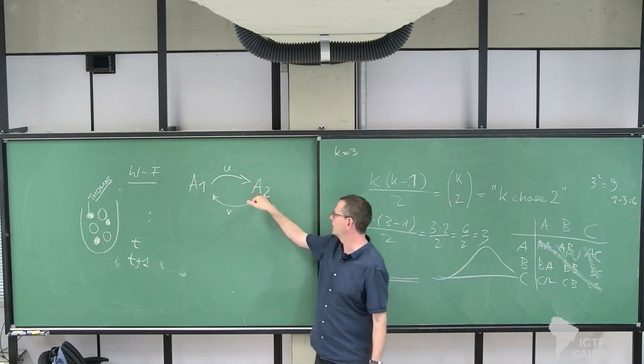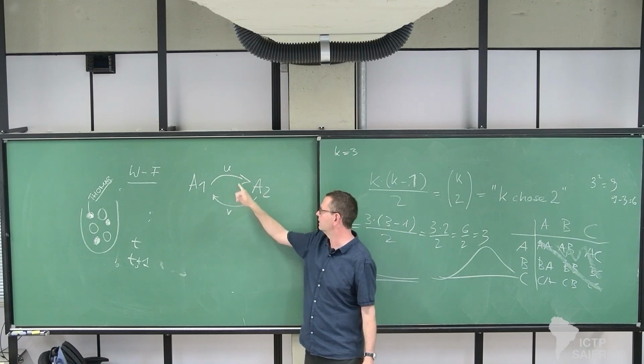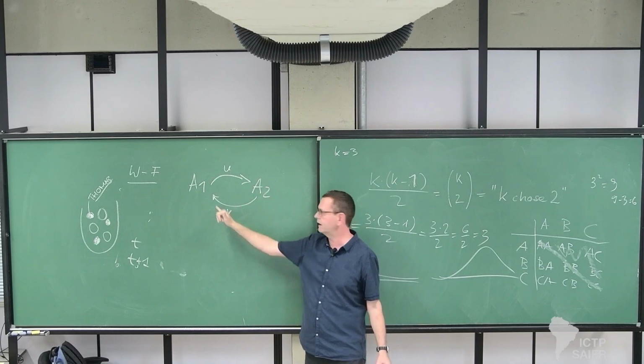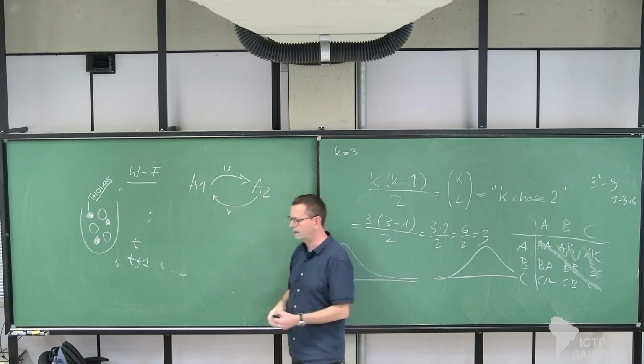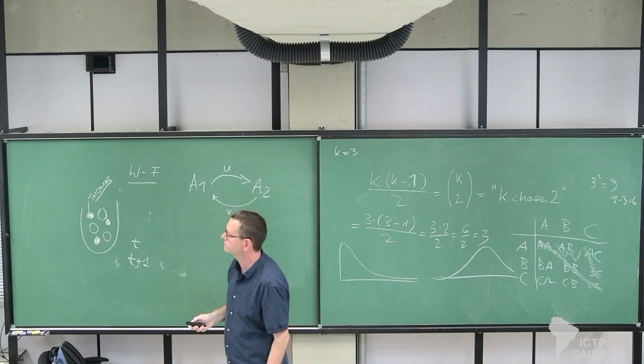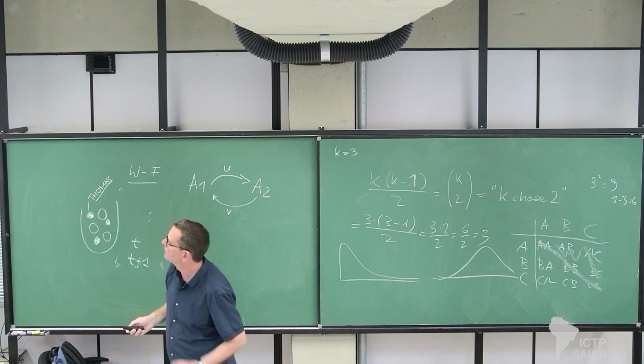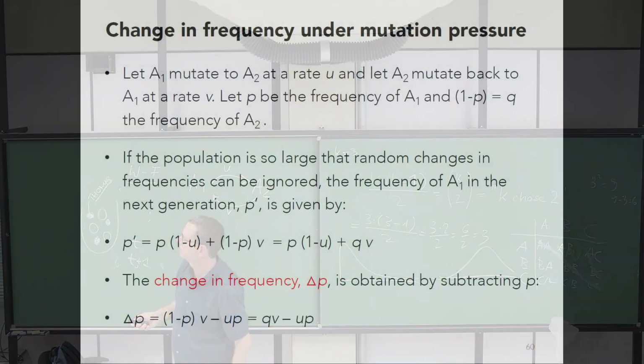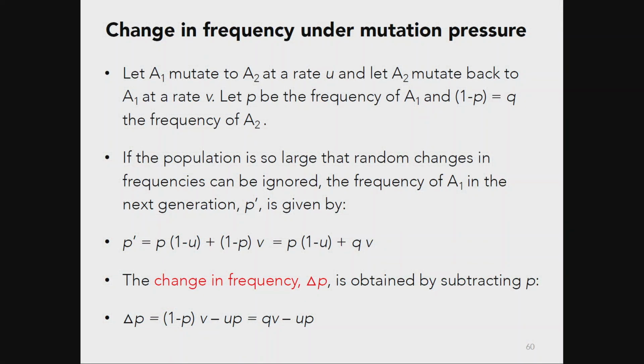A1 can mutate into A2 at rate U, and A2 can mutate into the A1 type at rate V. So that's what is written here.